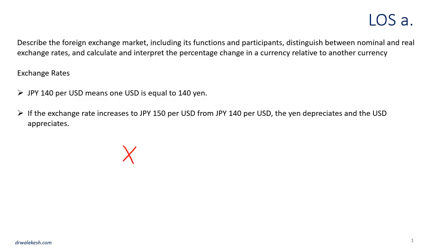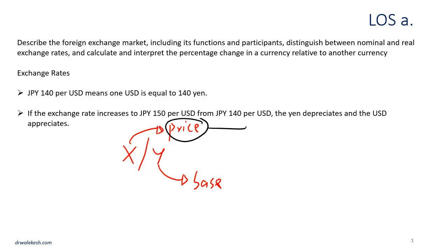Using this currency pair X per Y, it is obvious from what we discussed earlier that currency X is the price currency and currency Y is the base currency. So if the price currency appreciates, the base currency will depreciate.